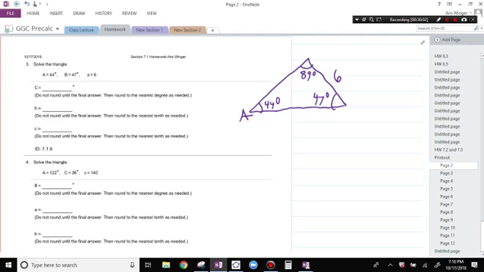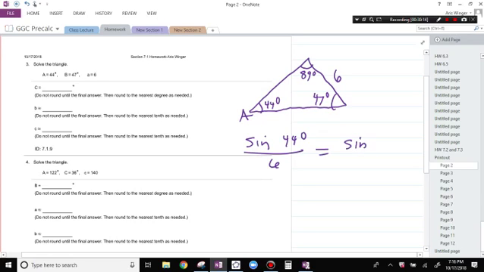So then we've got the sine of the one that's given, sine of 44 degrees over 6 equals the sine of, we've already labeled this as 89, right? The sine of 47 over little b.